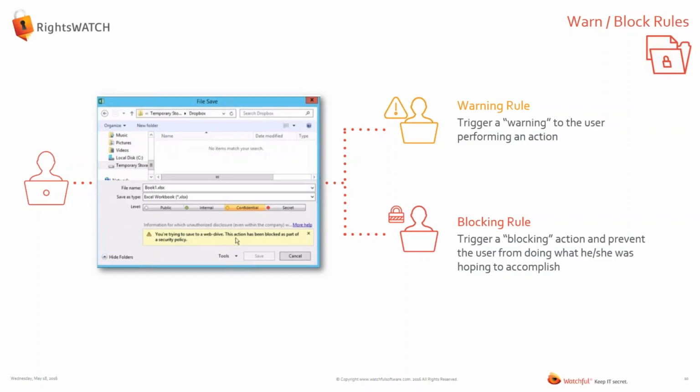Here, an alert is shown to the user, and independently of the chosen classification level, the file won't be able to be saved or the email won't be sent. In this case, the save button is grayed out, so the user is not able to save this confidential file in a temporary storage folder.